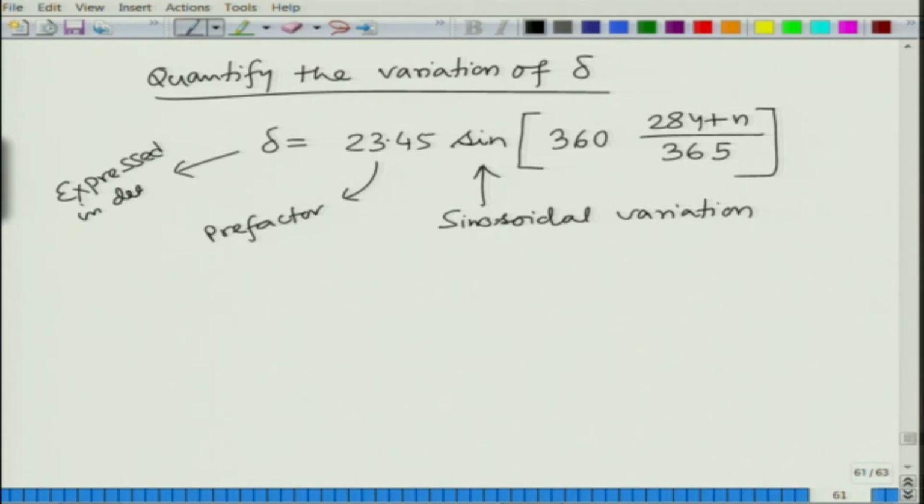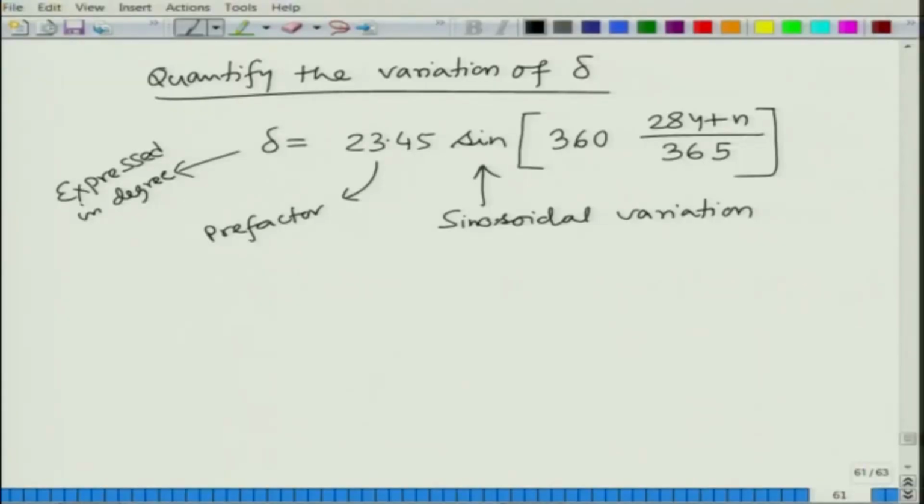If you express it in radians, the expression will change. So, you have a prefactor and you have a sinusoidally varying part. Now, this sine function will be between plus and minus 1, right.